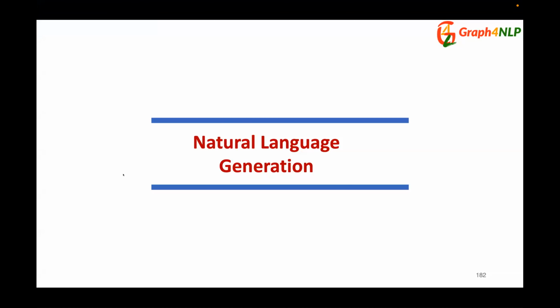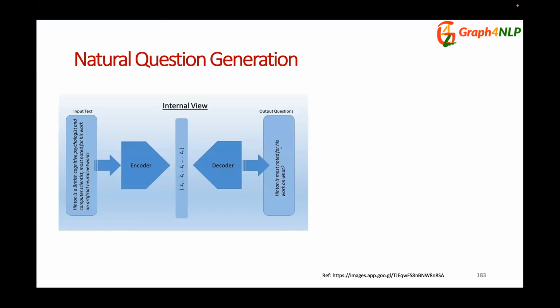Okay, so in this part, I will talk about some interesting applications of graph neural networks in natural language generation tasks. The first NLG task I will be talking about is natural question generation.